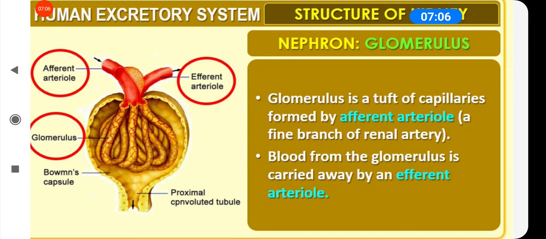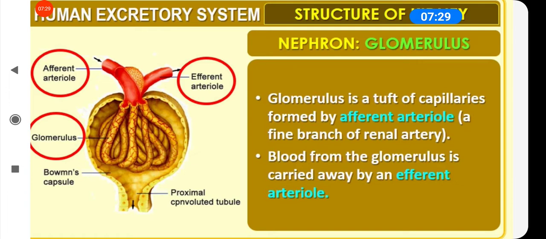Next, afferent arterioles bring arterial blood to the renal corpuscles, that is, they bring oxygenated blood to the renal corpuscles, and efferent arterioles carry venous blood away from the renal corpuscles.